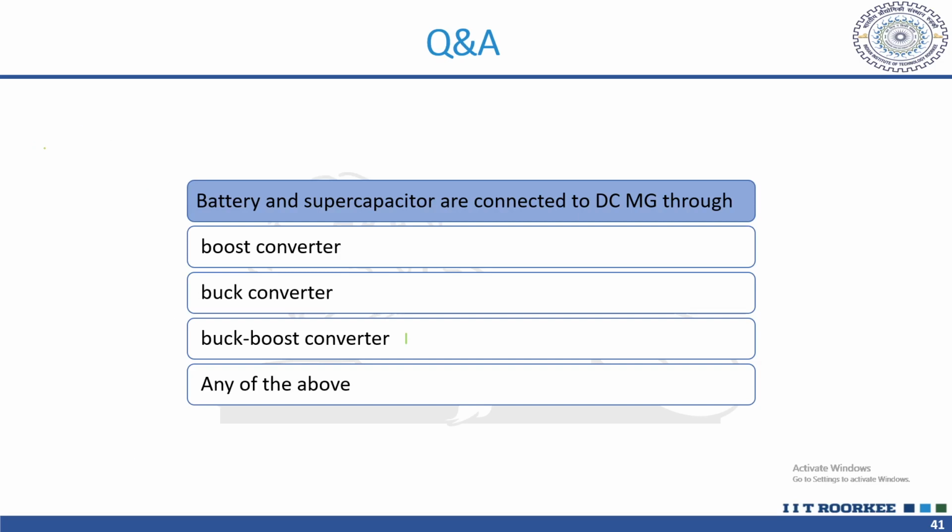So basically, we want here bidirectional power flow. So that can be achieved through buck boost operation, because boost means you can always feed the power in one direction, and depending upon the state of the system, we want to inject or we want to absorb, so bidirectional operation can be done through buck boost converter.